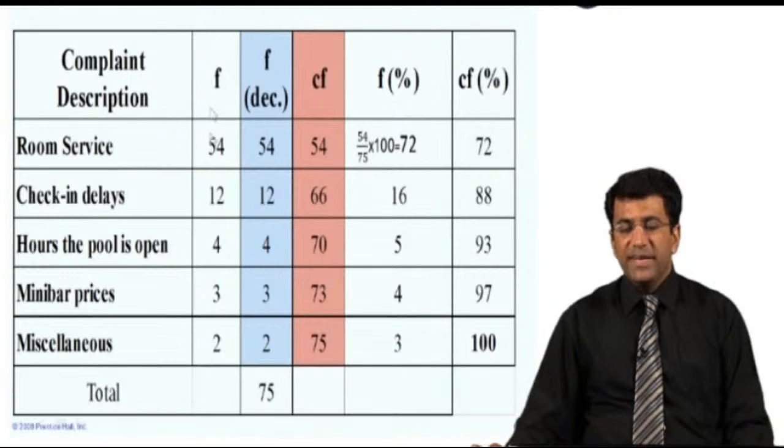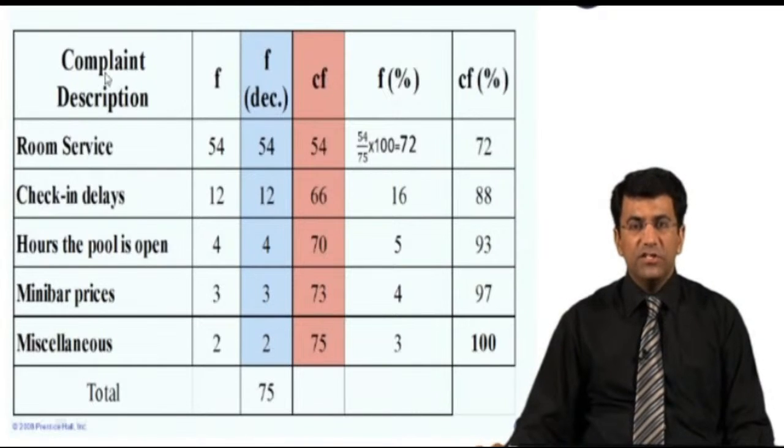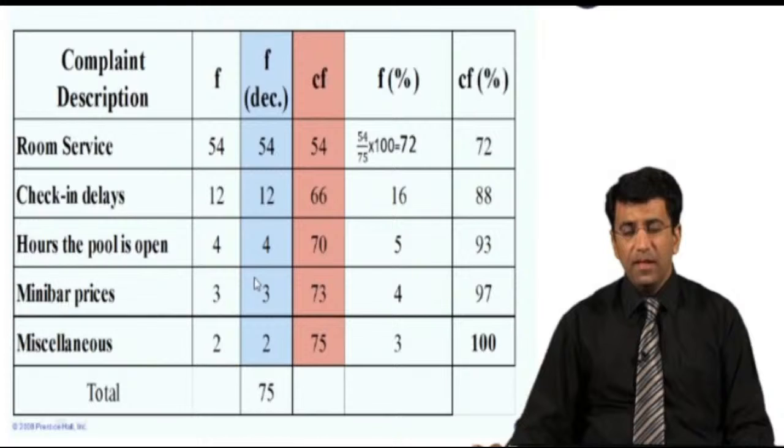We should arrange this frequency in the descending order. Now class, in this particular case, these frequencies are already in the descending order. Suppose if the frequency is not in the descending order, then we'll have to arrange it in the descending order, and accordingly we will have to arrange the complaint descriptions against the relevant frequency, of course.